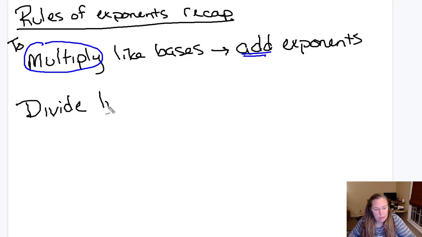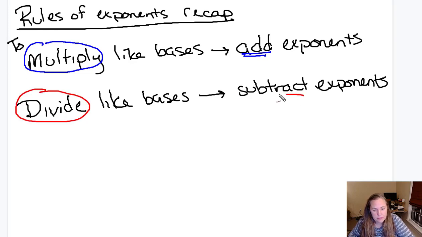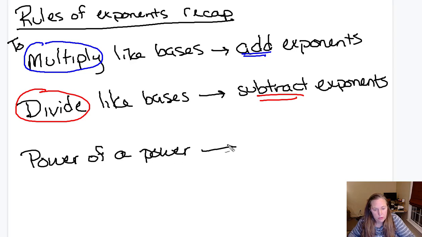If you divide like bases, you subtract exponents. And power of a power, you multiply exponents.